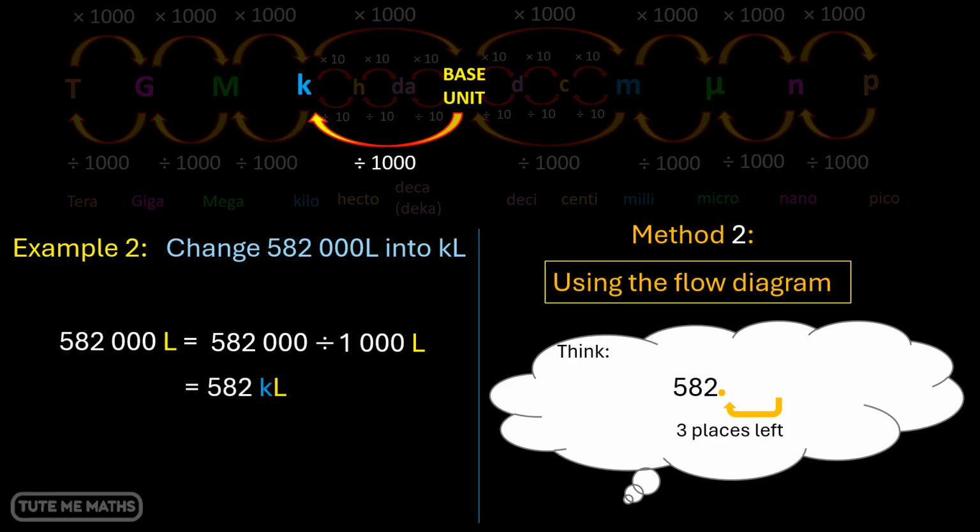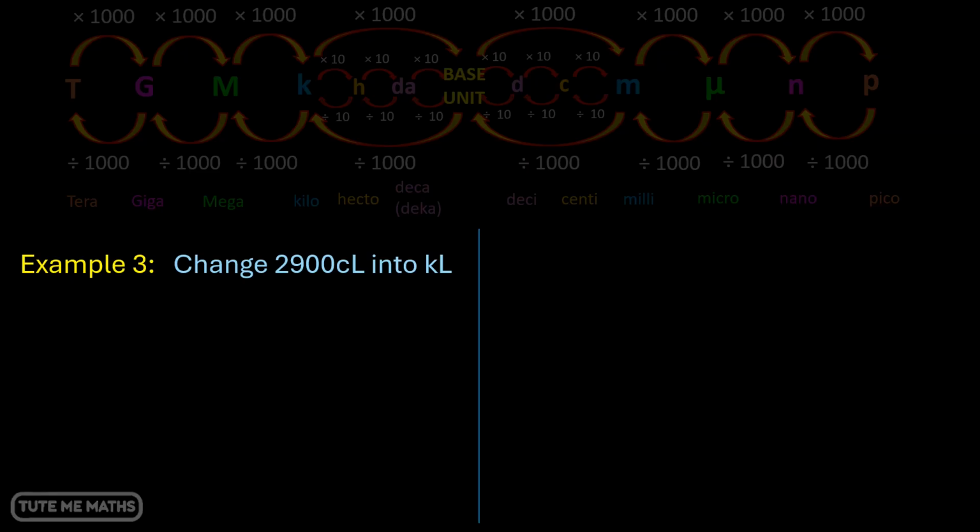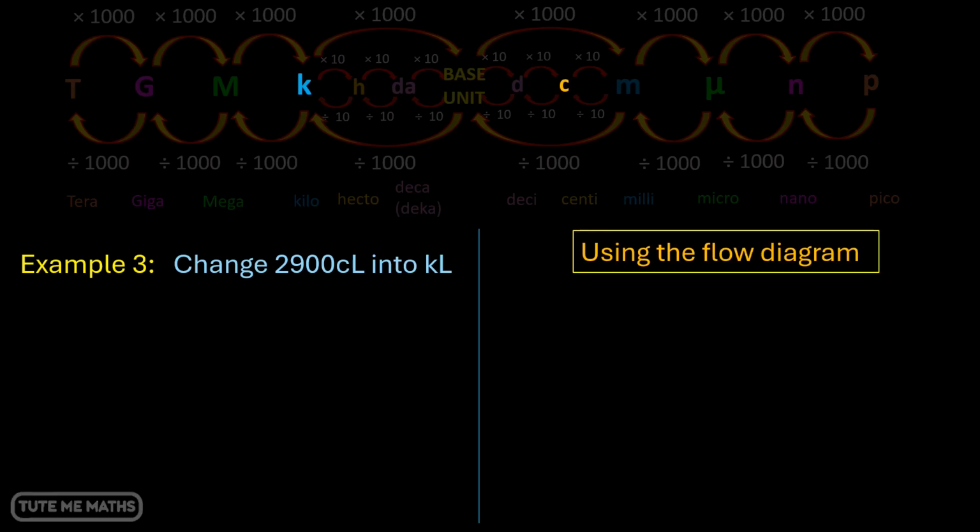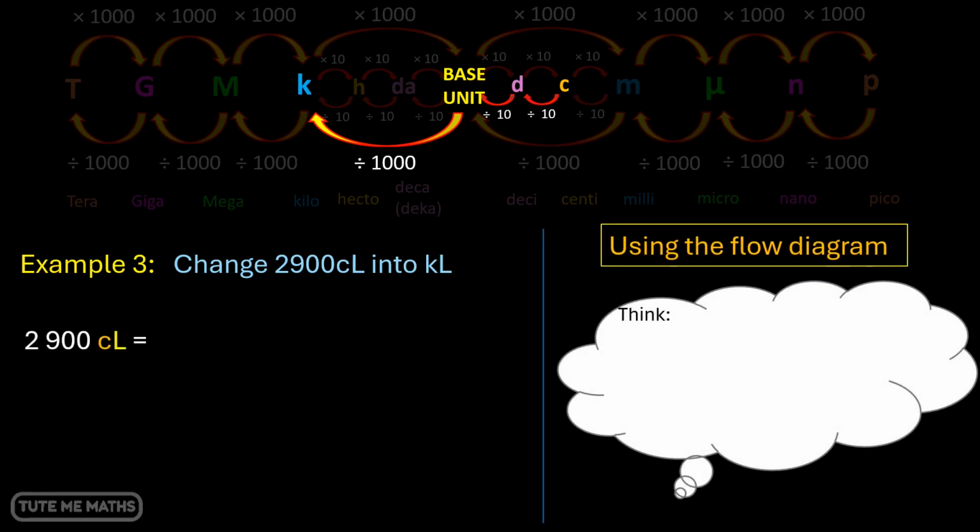Example 3 is slightly more challenging. Looking at the flow diagram, we want to go from centilitres to kilolitres. Dividing by 10 gets us to decilitres, then dividing by 10 again gets us to litres. Finally, dividing by 1,000 gets us to where we want to be, kilolitres. Without a calculator, I simply add the total number of zeros in the factors that I'm dividing by.